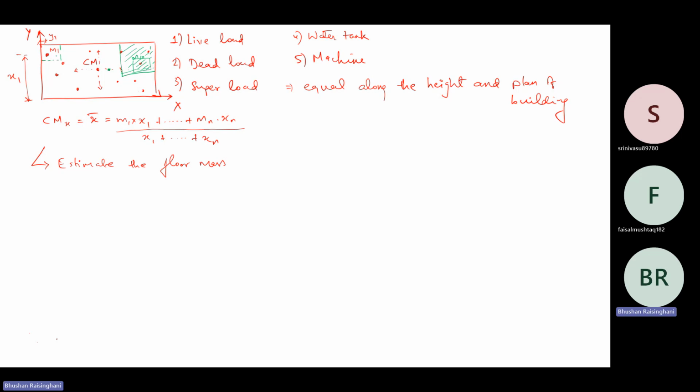If there are four columns here in between the mass, how much is the tributary area for this mass distribution? It will take local distribution of the mass to those vertical elements. So that way you have to check whether the slab is a semi-rigid diaphragm or a rigid diaphragm.